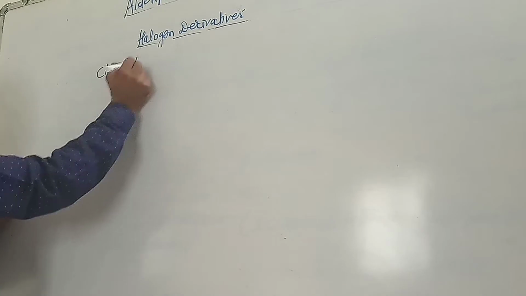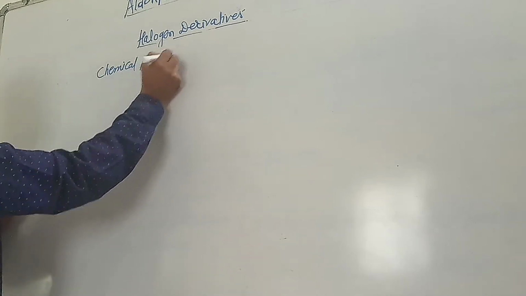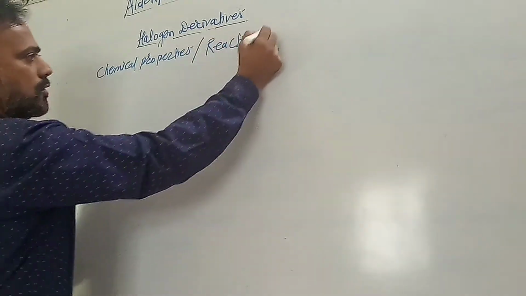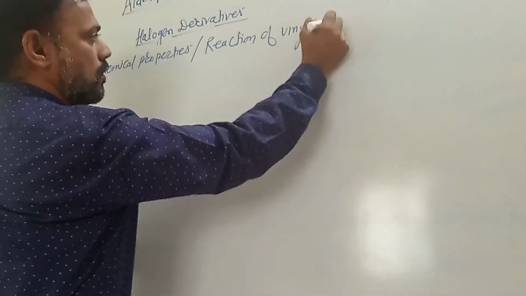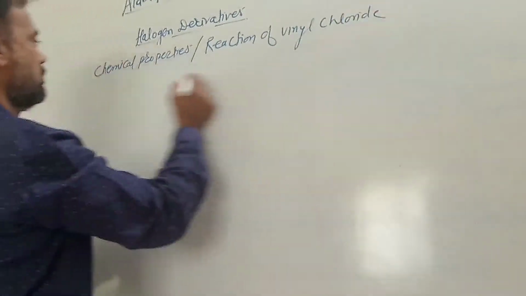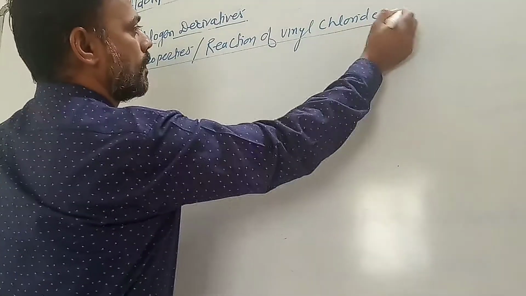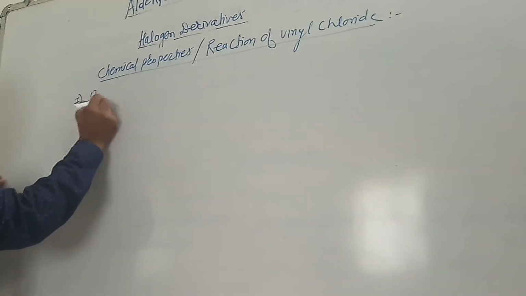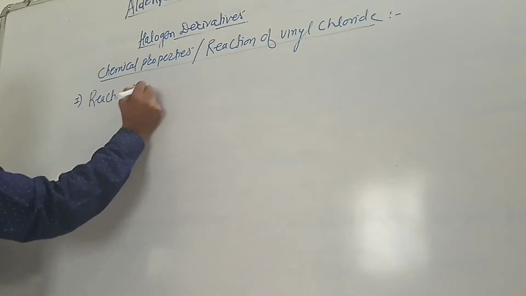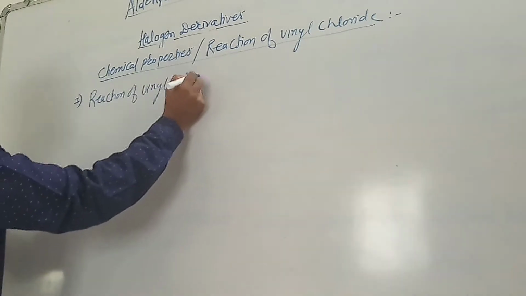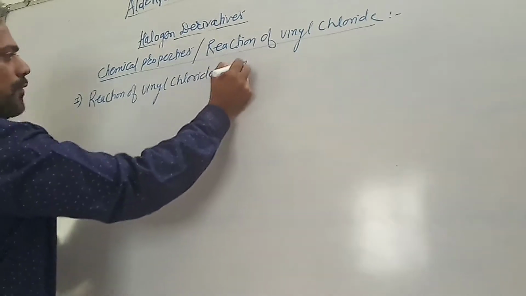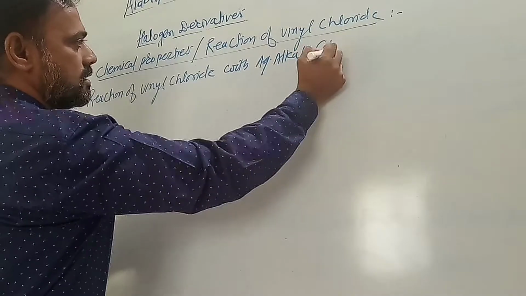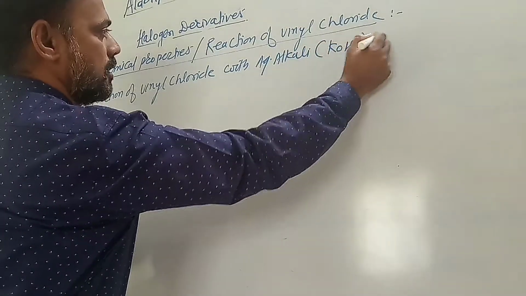The first reaction is the reaction of vinyl chloride with aqueous alkali, that is KOH.